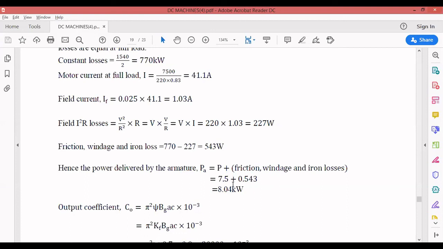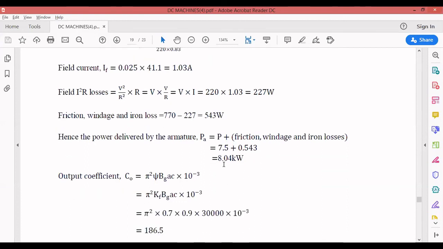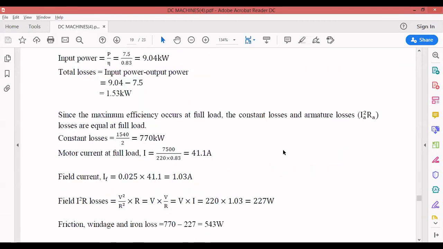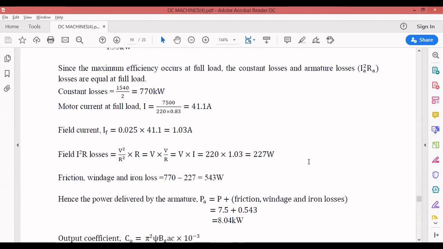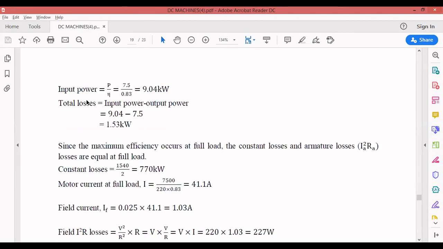So what did I get here? 7.5 plus 0.543 kilowatt, which is 8.04 kilowatt. So by using the data given in the problem, the power delivered by the armature PA is 8.04 kilowatt.